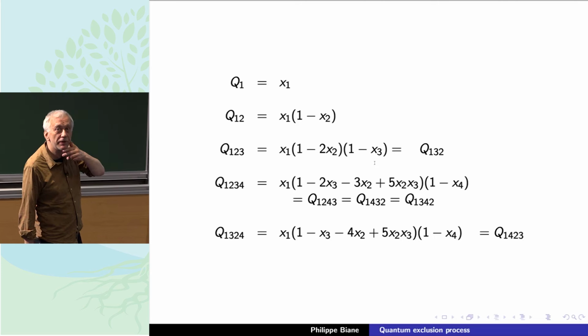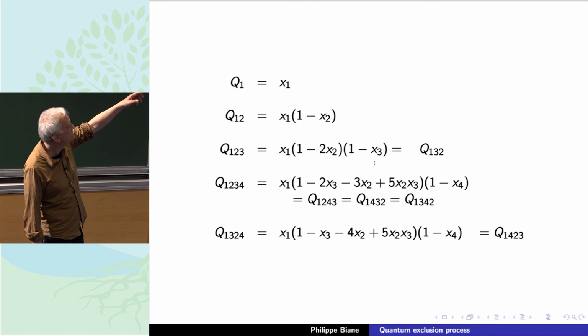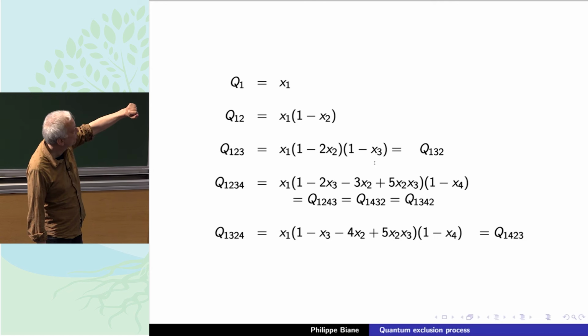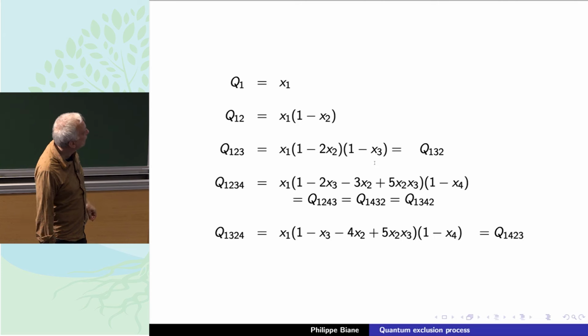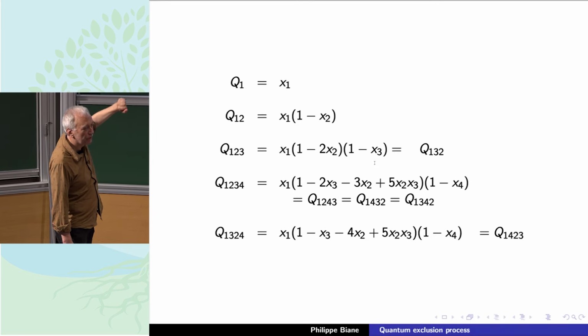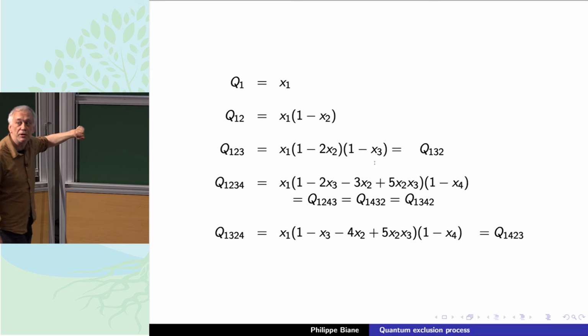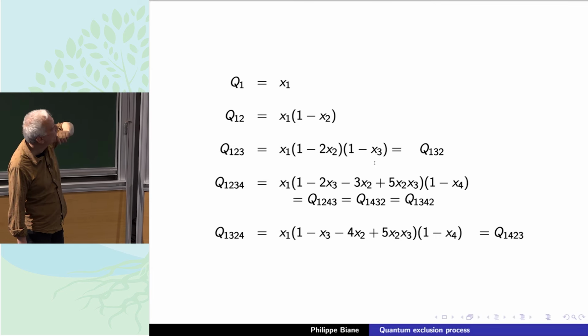For 3, you have two circular permutations, but the value of Q is the same. For 4, you have 6 possible circular permutations, but the polynomial takes only 2 values.